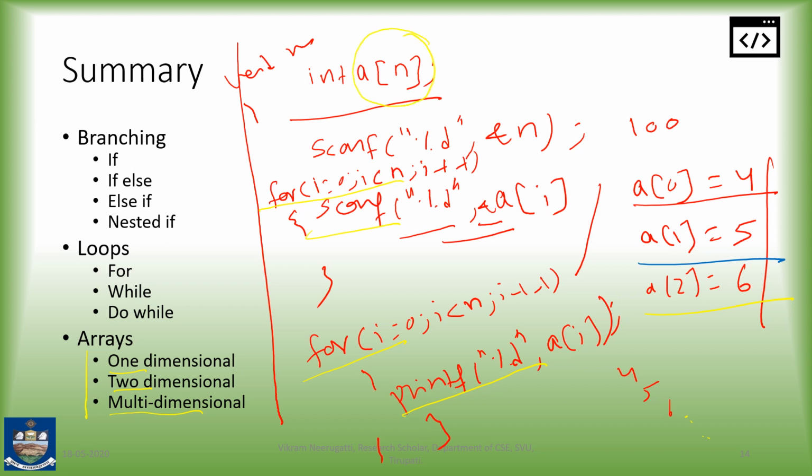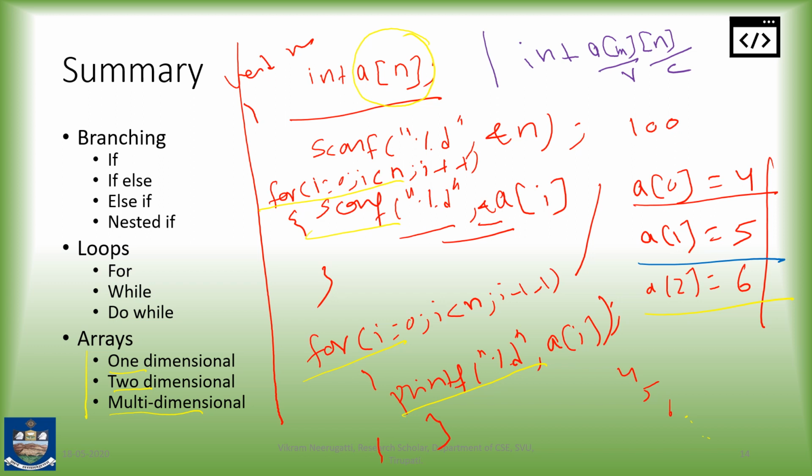So how can you handle different dimensional data? We will declare it as multi-dimensional: int a, first dimension, second dimension. For example, we will put m and n. This is for row, this is for column.